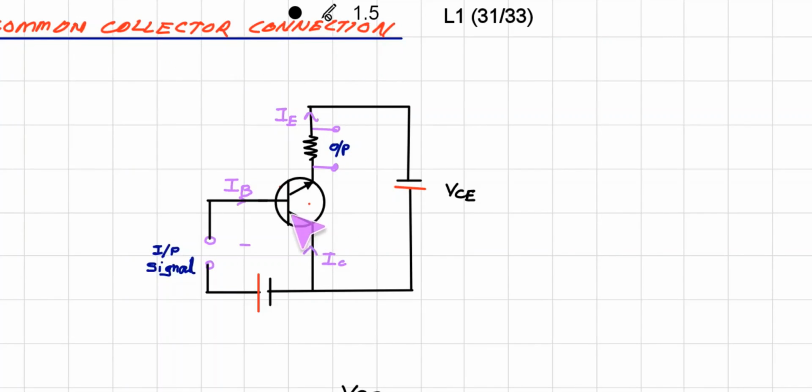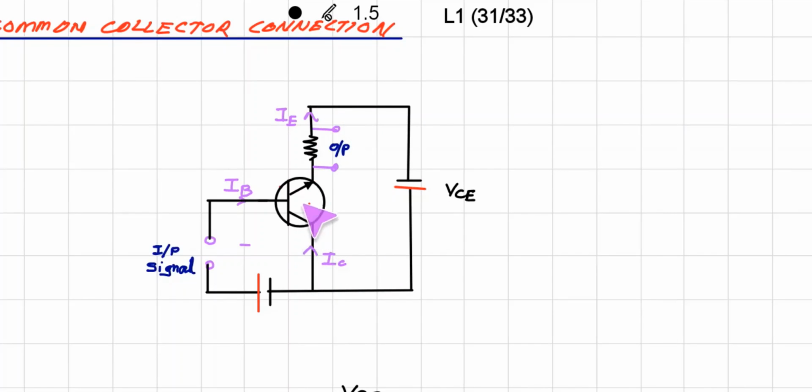Here the collector is common to both input and output. The input signal is connected between base and collector, and the output resistance is connected between emitter and collector.